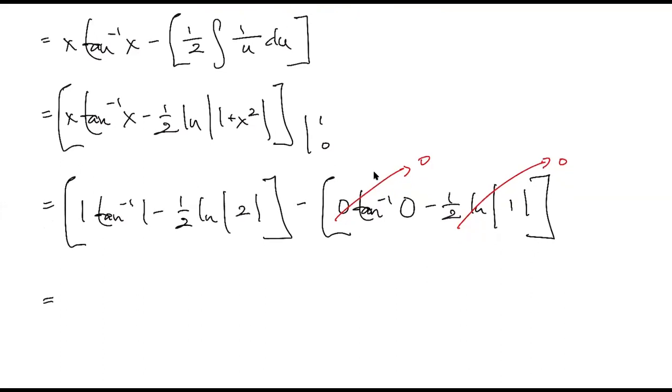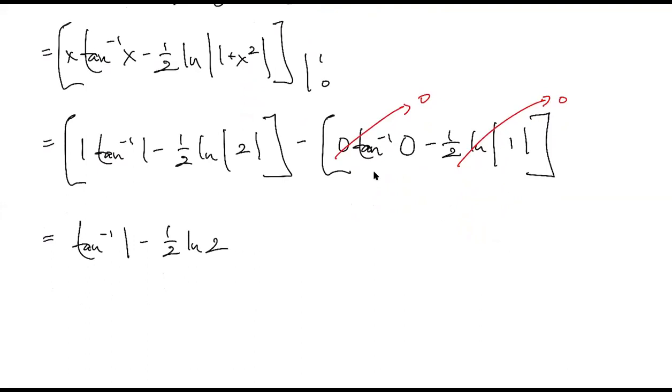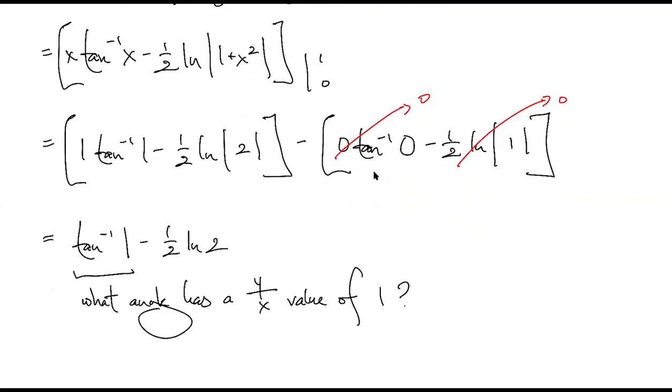Now, what we need to find is arctan of 1 minus 1/2 natural log 2. Arctan of 1 is really saying what angle has a y over x value of 1.